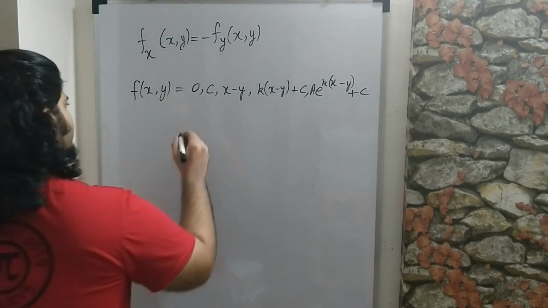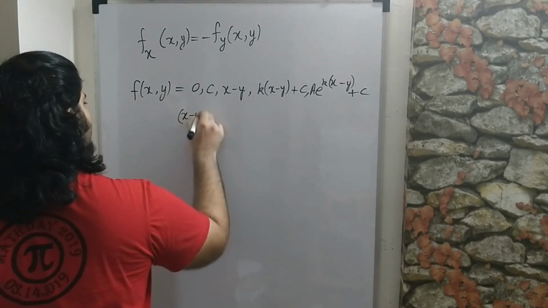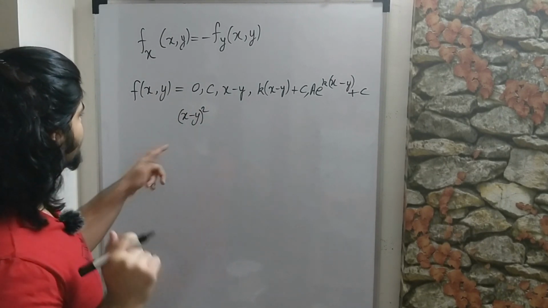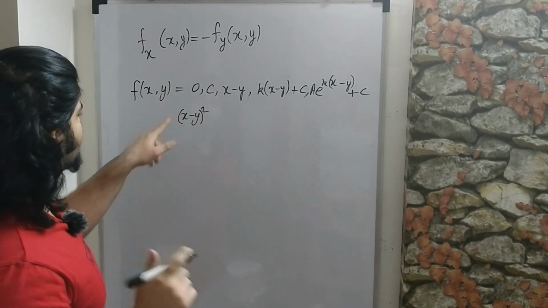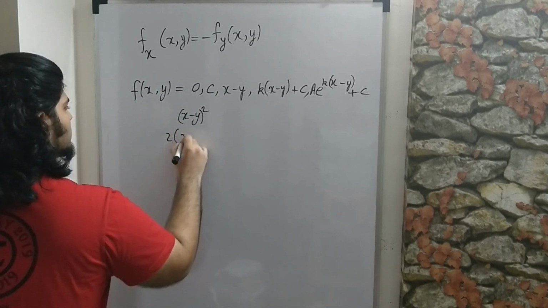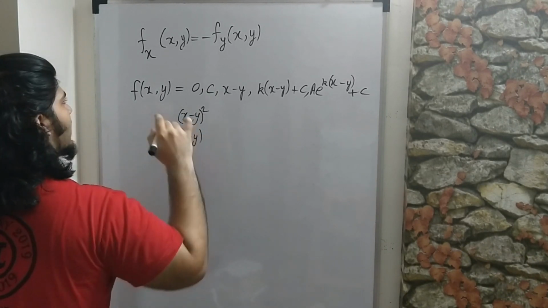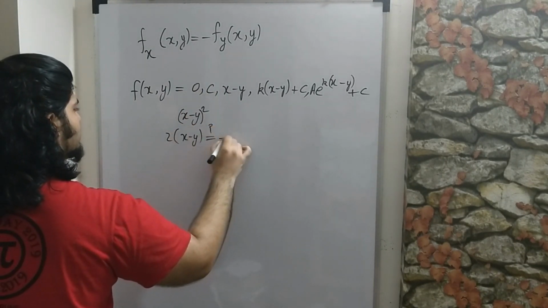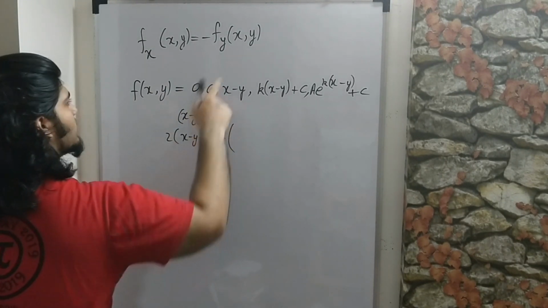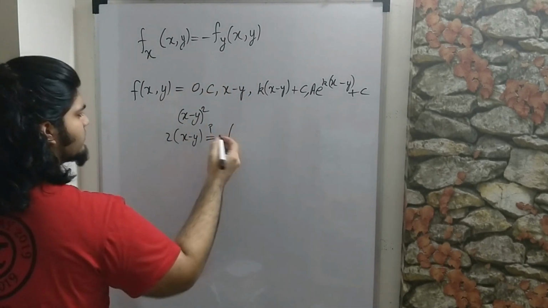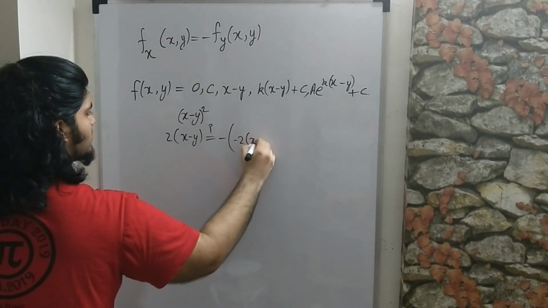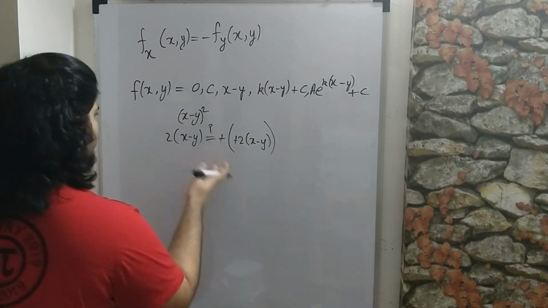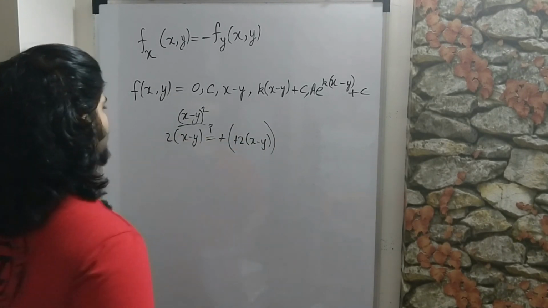Well, how about x minus y squared? Does this work? If you differentiate with respect to x, you get 2 times x minus y, and if you differentiate with respect to y, we want to check if it's equal to the negative of that. Differentiating with respect to y, you get minus 2 times x minus y, and yes, they are equal. So this is also a solution.